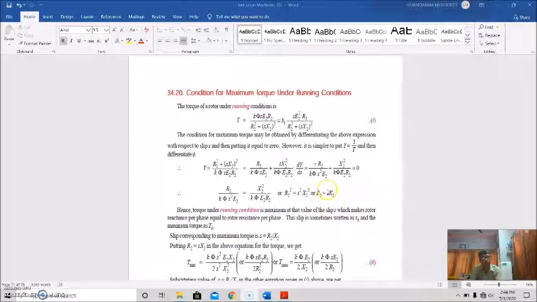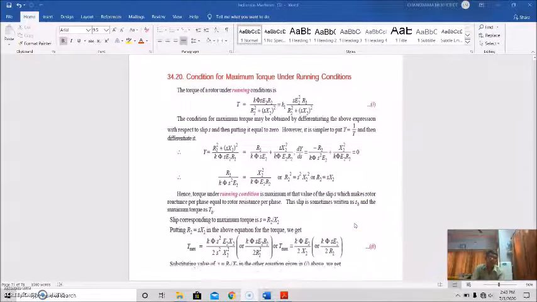So this slip is sometimes called Sb, and the maximum torque is called Tb.